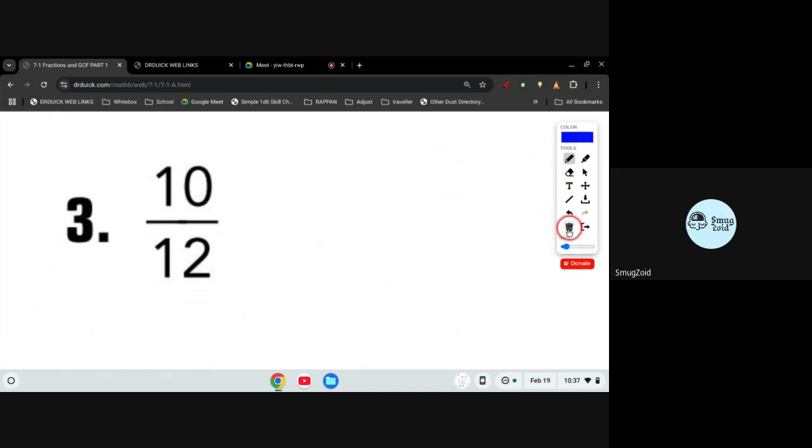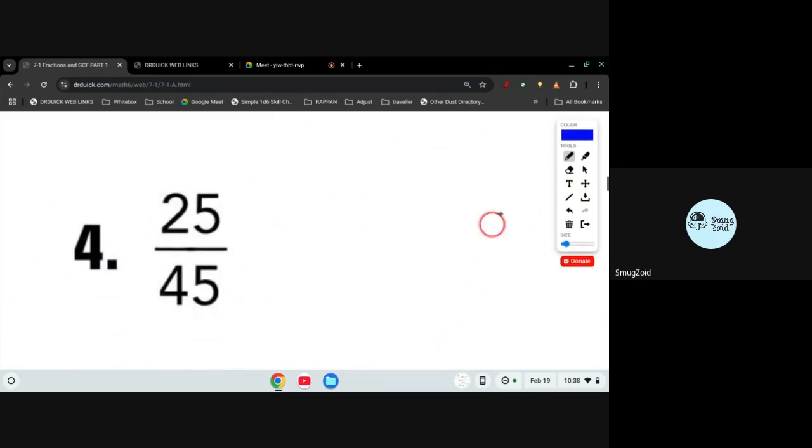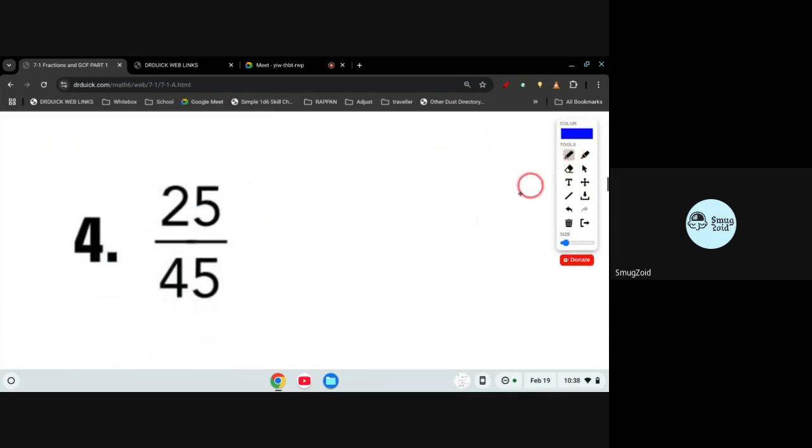Okay. Let's take a look at number 4. 25 and 45. Now I should know the factors of this top one is just 5 times 5. So I don't have to do a factor tree for this one. And this one is 9 times 5 or 3 times 3 times 5, right?